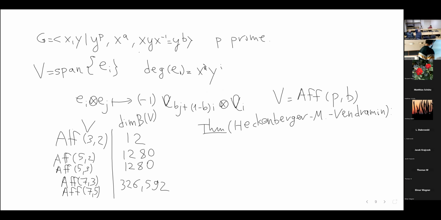And we proved that these are all the finite dimensional ones.